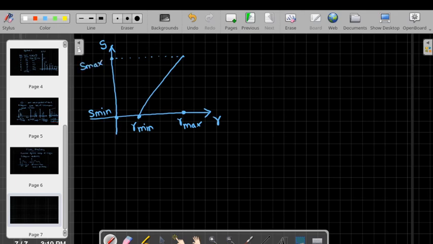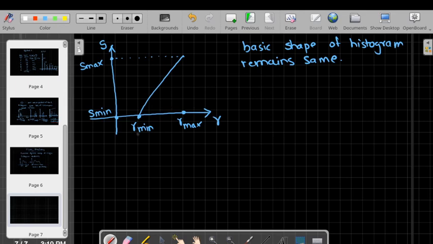So in linear stretching, the basic shape does not alter. The basic shape of the histogram remains the same, and with the help of such a transformation we can convert our histogram into the linear stretched histogram.